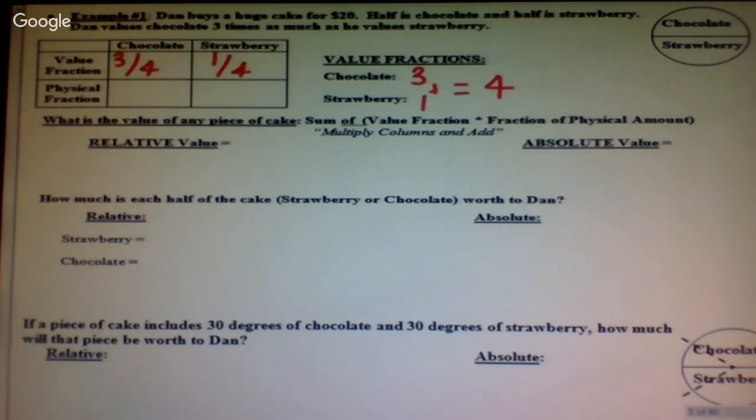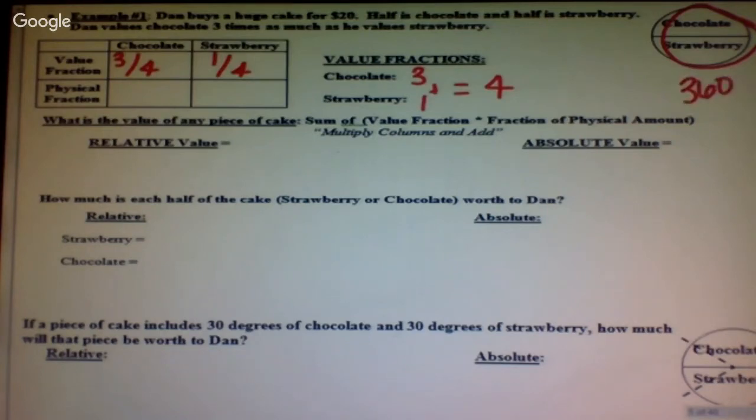Okay. You always need to find the total. Okay. Physical fractions. Think about what we're talking about. I'm talking about a circle. If I have an entire circle, how many degrees is that? 360 degrees.